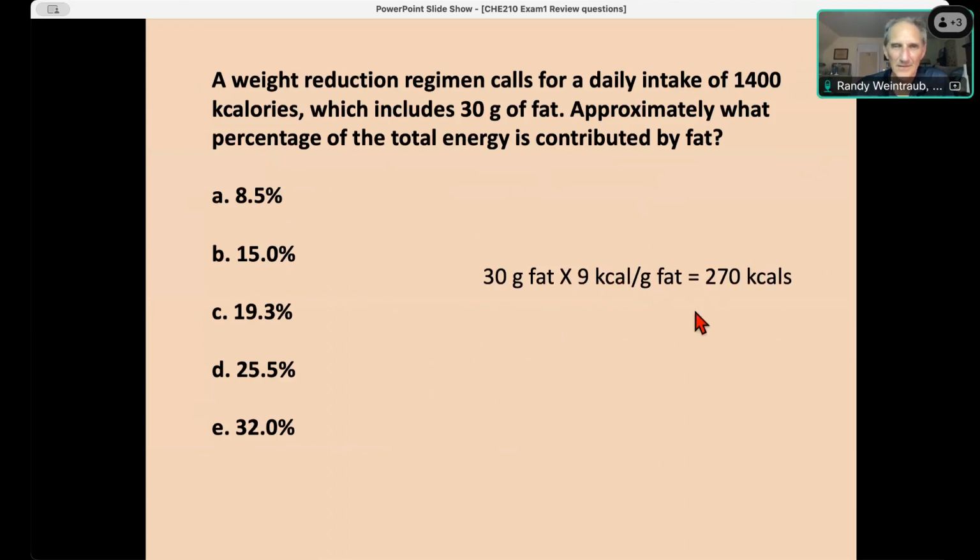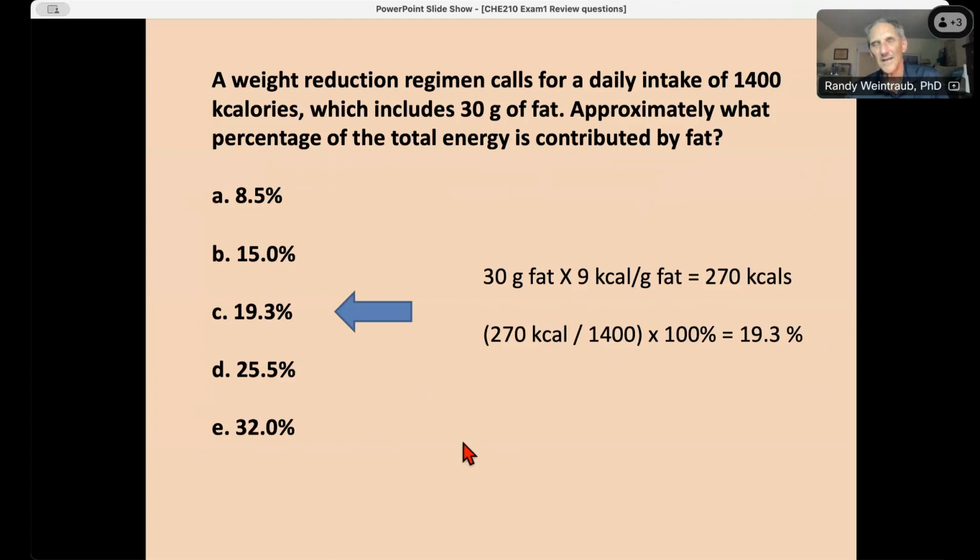Then divide that by the total, times 100%, and it comes out to 19.3%. There are variations on how a question like this could be asked, and it's all really based on thinking through, reasoning, and knowing those 3 conversion factors.